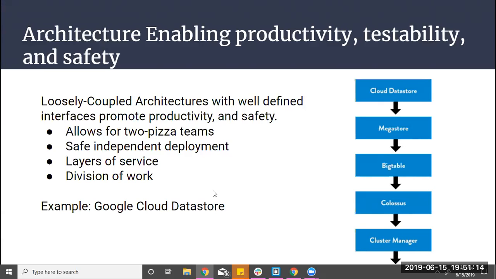Google Cloud Data Store is one of the largest NoSQL services in the world, and it only has about an 8-member team. This is due to the fact that it's based upon layers and layers of dependable services built on one another. Also, Google and Amazon have shown how using these service-oriented architectures create flexibility and scalability. Even though they have tens of thousands of workers, they use small teams to increase productivity.